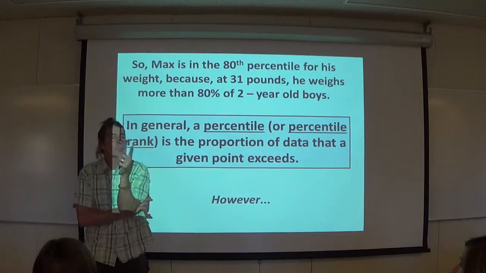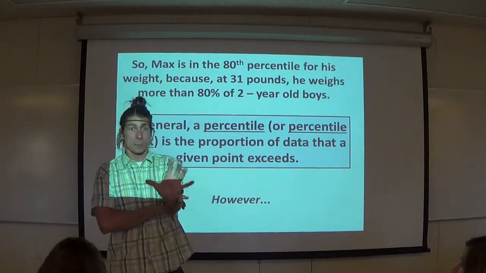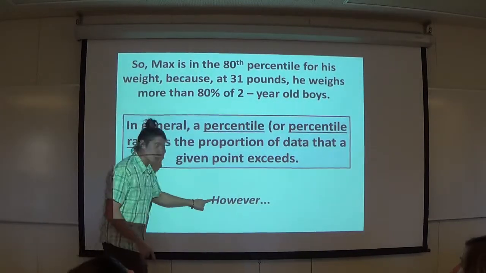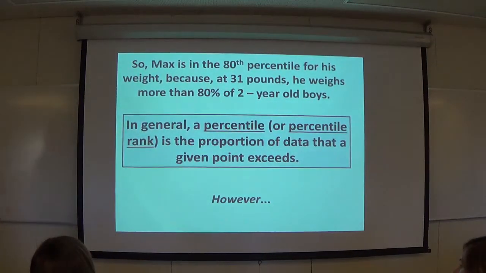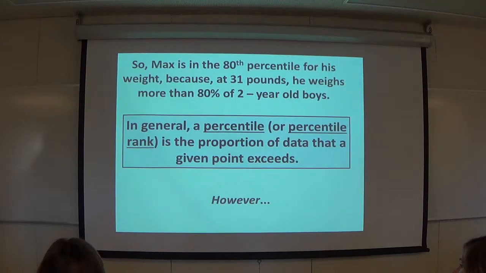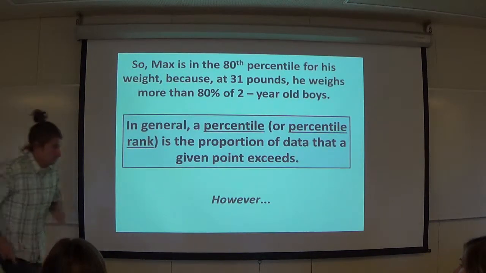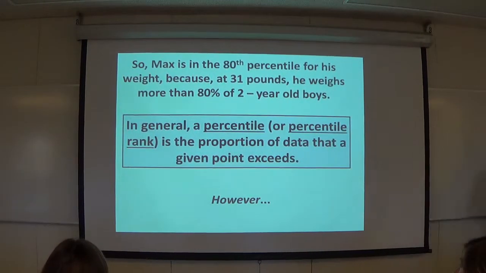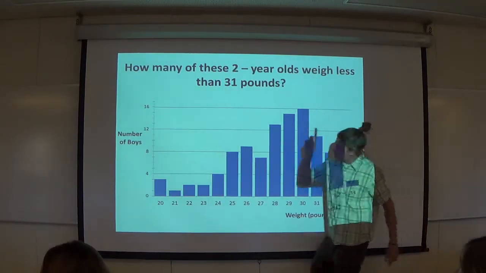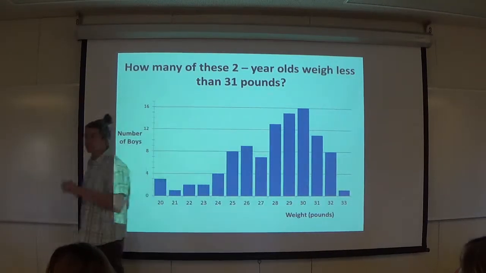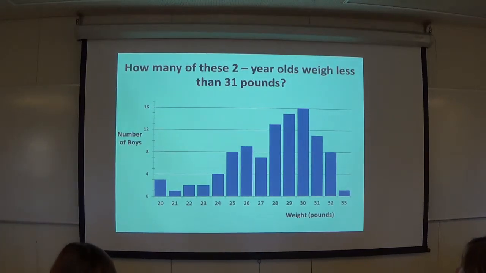And you bring up a good point though, John. Thank you for the point you bring up, which is completely valid. I put however here, because this is not a uniformly accepted definition. There are other definitions. For example, let's back up to the data real quick. What percentile would a 20-pound kid be, based on the definition I just gave you, which is the most common one?